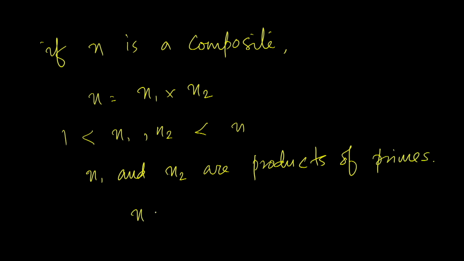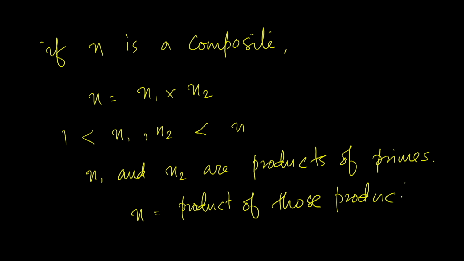Then n is a product of those products. Therefore, n is also representable as a product of primes. So, either way, every positive integer can be expressed as a product of multiple primes.